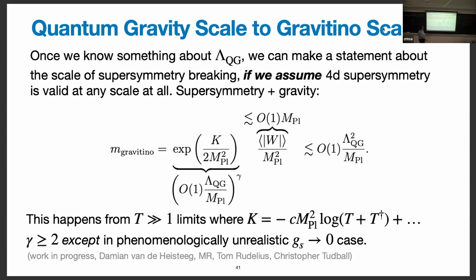And so what we have been checking is what is the power here? If the power is 1, you would say the gravitino mass is below the species scale, which is not a very interesting thing to say because that's the fundamental cutoff. But if the power is higher than 1, then it becomes interesting. If the power is 2, you say the gravitino mass is less than lambda QG squared over M Planck. So there's the seesaw relationship where it's even smaller.